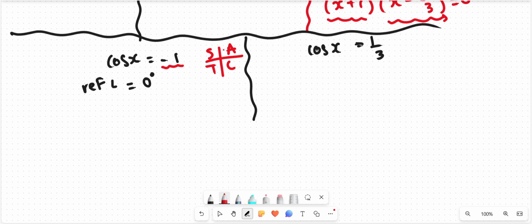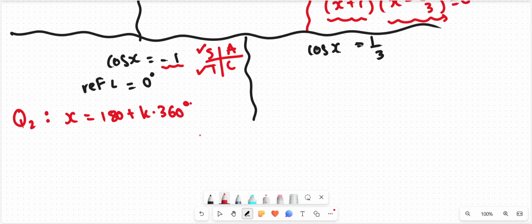So if it's negative, where is cos negative? In 2 and in 3. So if I'm in quadrant 2, x is equal to 180 minus your reference angle, right? But your reference angle is 0, so it's just going to be 180 plus k 360.